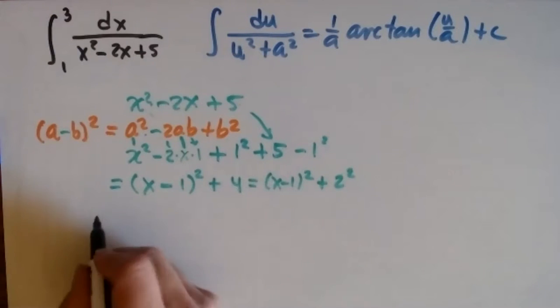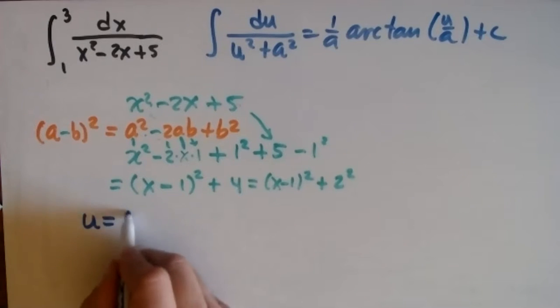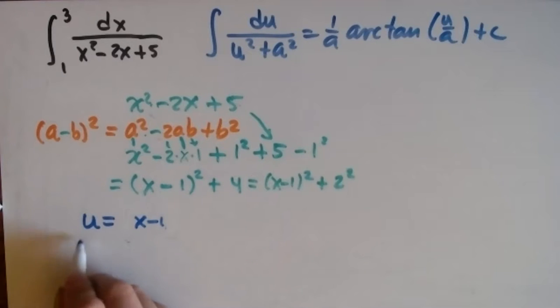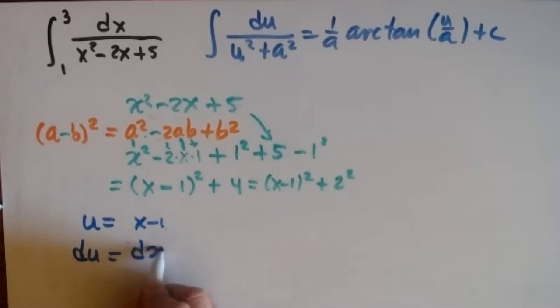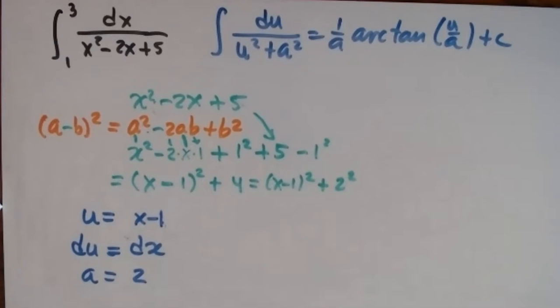So I'm going to do my change. My change is u equals x minus 1. Du is dx. Derivative of x is 1, derivative of 1 is 0. So it's dx only, 1 dx. And then my a is 2, correct? So my change is going to be simple.